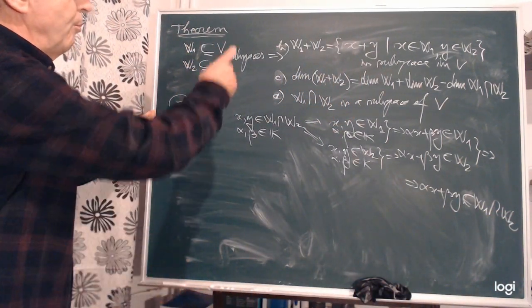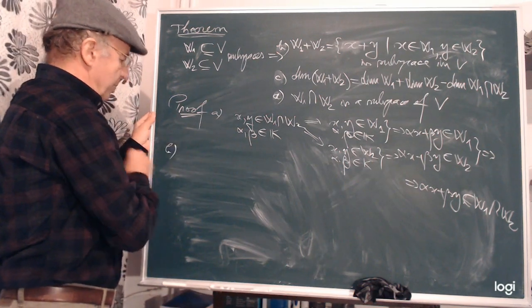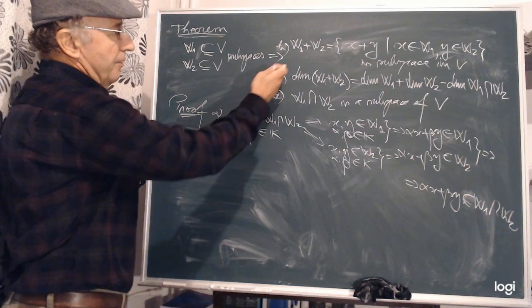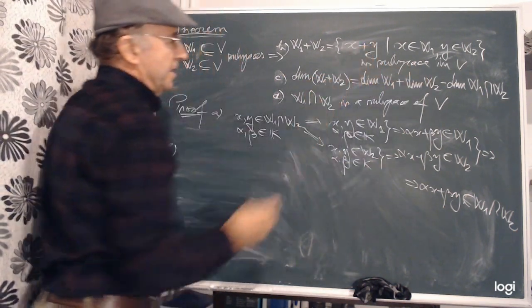Now, point B. For point B, we have to prove that it is a subspace.